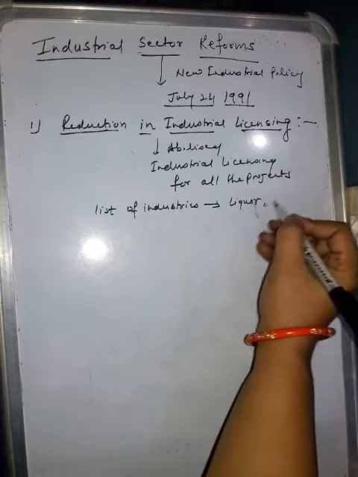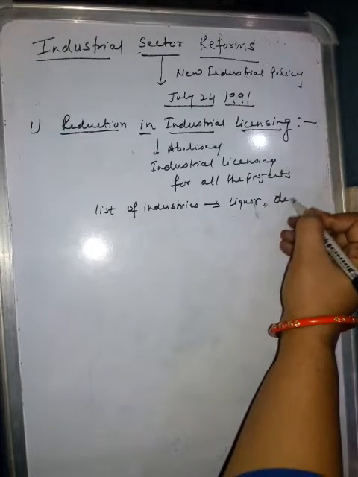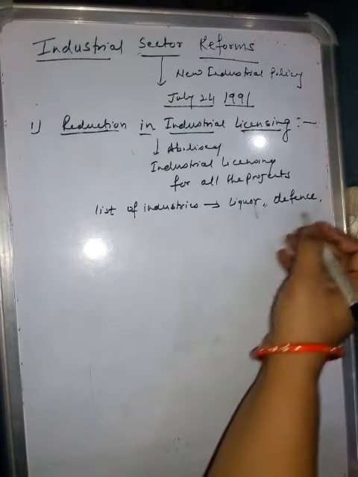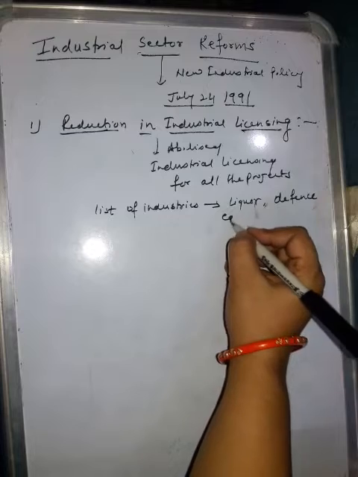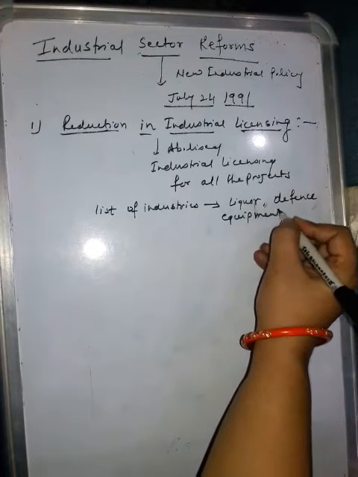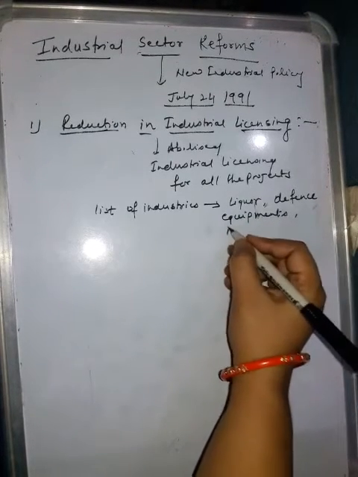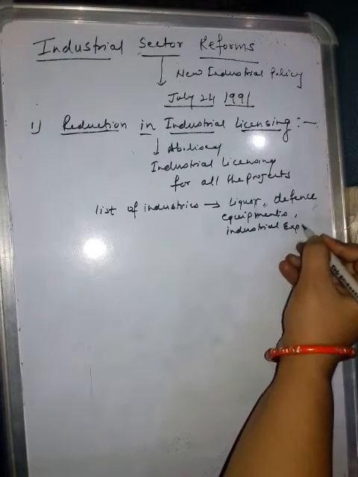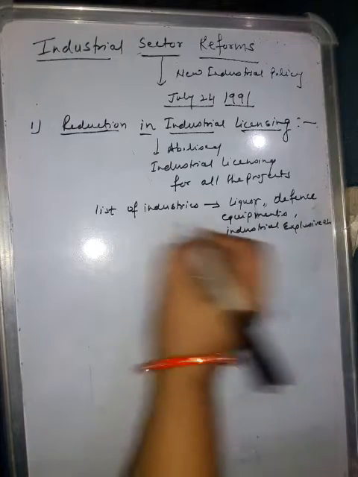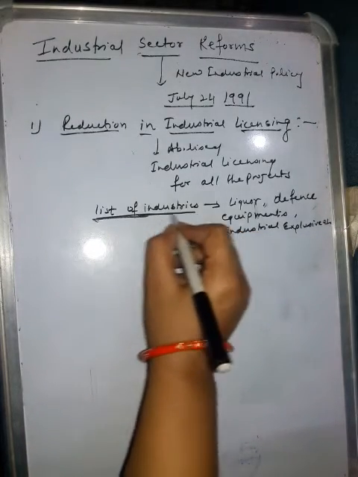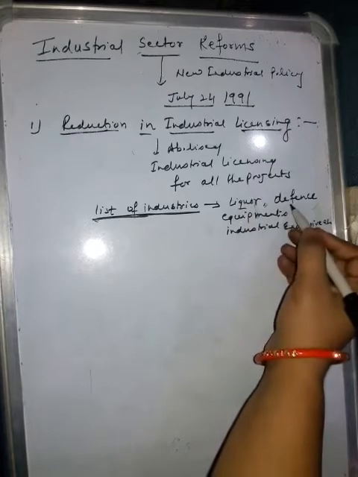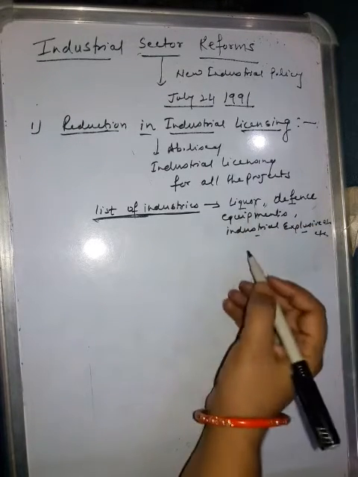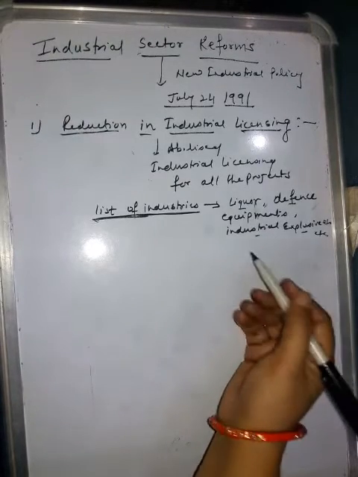liquor, defense, arms and defense equipment, industrial explosive, etc. Means these industries still needed a license.